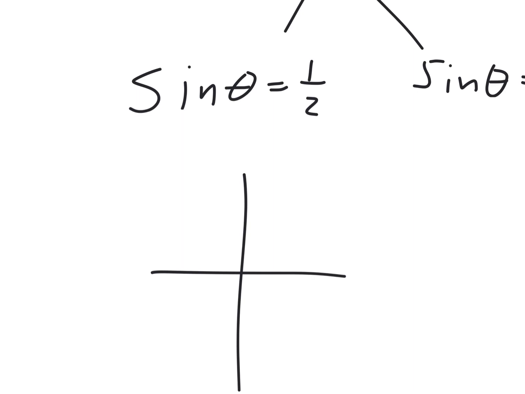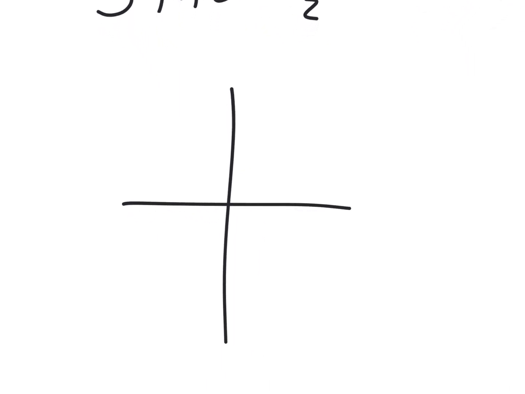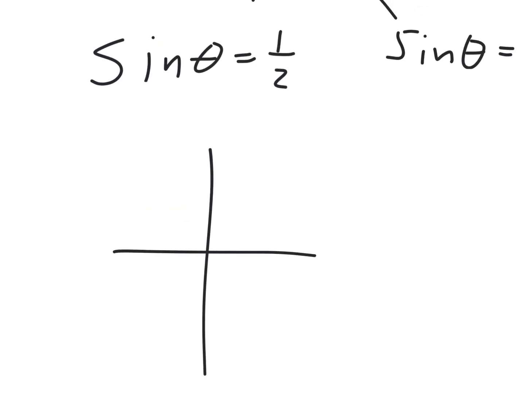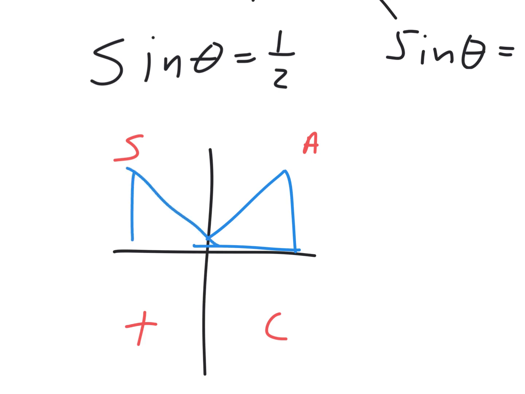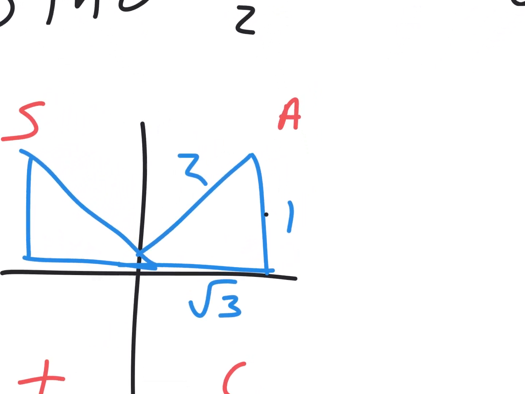Sine is positive here and here. Sine is opposite over hypotenuse, and this is the square root of 3. Now, what's across from the 1? 30 degrees, aka pi over 6. Raise your hand if you had pi over 6. Cool, that's one of your answers.